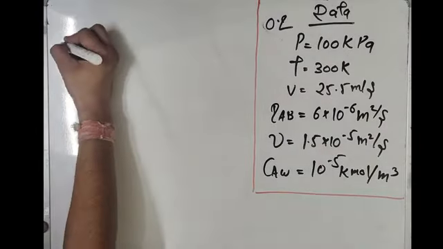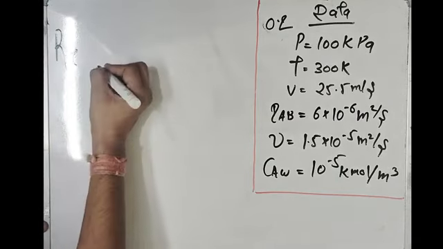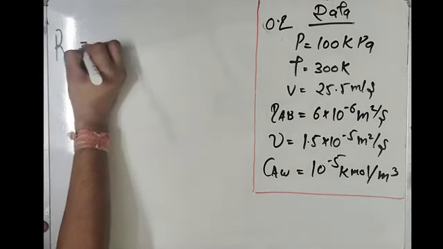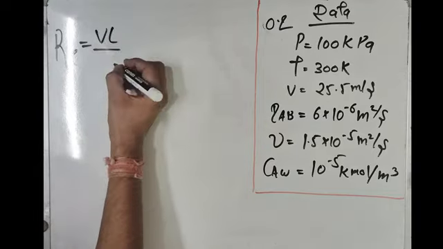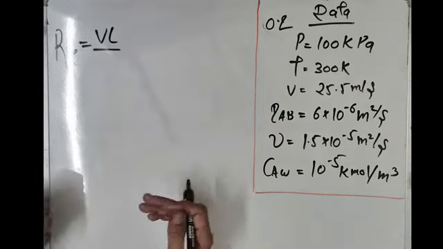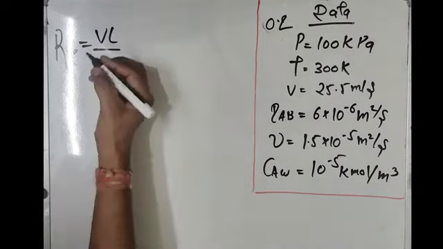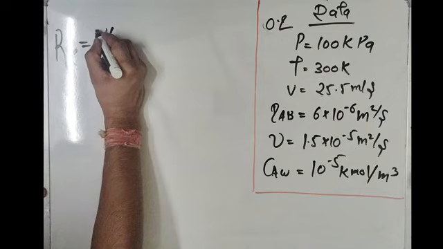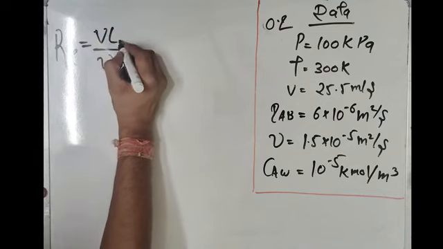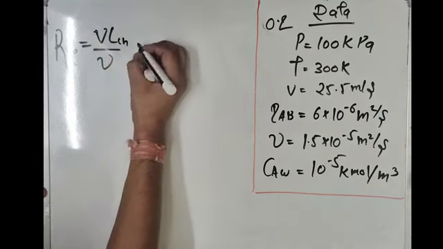Now, first of all, we will calculate the Reynolds number as we did for the previous problem. The calculation of the Reynolds number for every problem is very important to know whether the flow is laminar, turbulent or in transition. The Reynolds number is velocity into characteristic length upon kinematic viscosity.